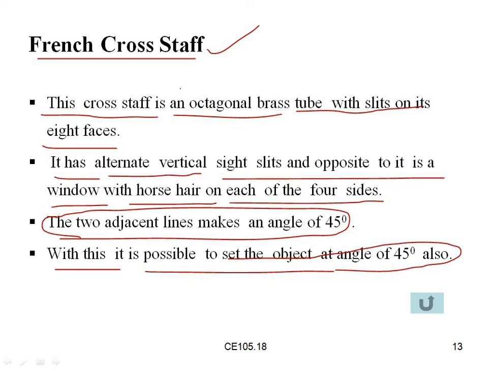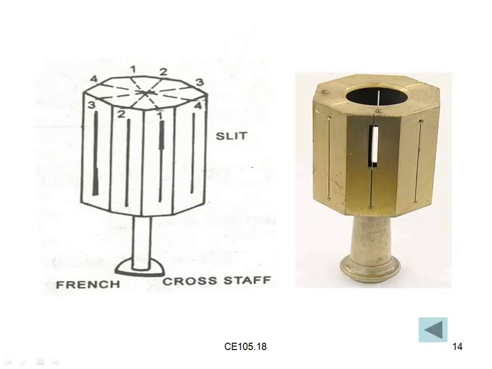Whereas this French cross staff is an octagonal brass tube with 8 faces. This is our French cross staff. You can observe how many faces there are: 1, 2, 3, 4, and again 1, 2, 3, 4.